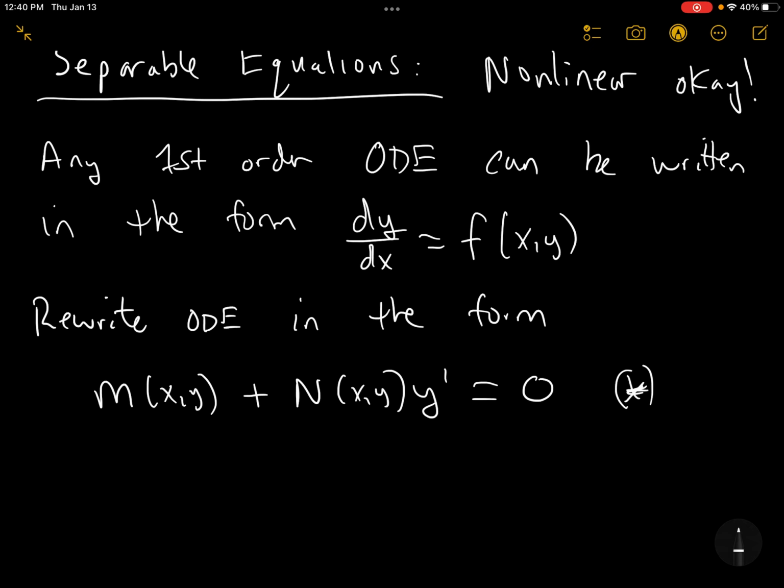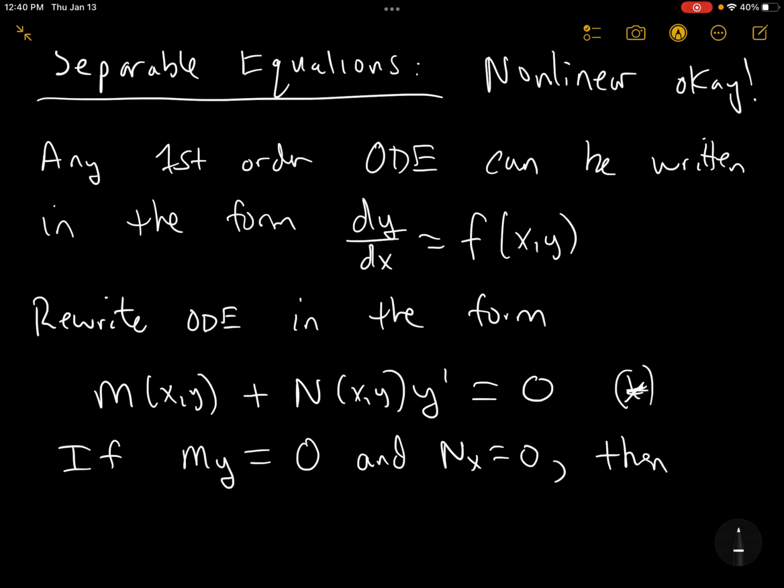Now, if you had Calc 3, and we'll come back to this later because we still need to do this, if you take the y partial of M and it equals 0, and if you take the x partial of N and it equals 0, then the ODE is separable.